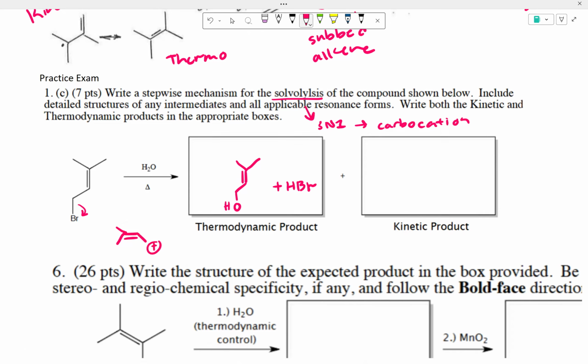What happens next is my H2O bonds there. So I get this OH, and this has a positive charge.